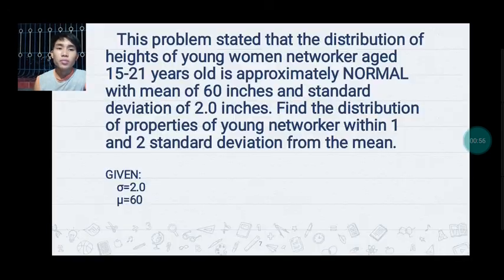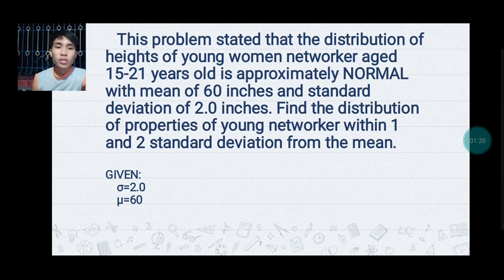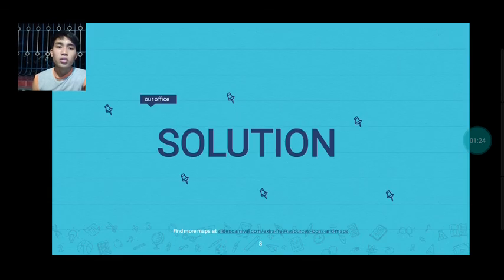Example. This problem states that the distribution of heights of young women net workers aged 15 to 21 years old is approximately normal, with a mean of 60 inches and a standard deviation of 2.0 inches. Find the distribution of young net workers within 1 and 2 standard deviations from the mean. Given standard deviation 2.0 and mean equals 60.